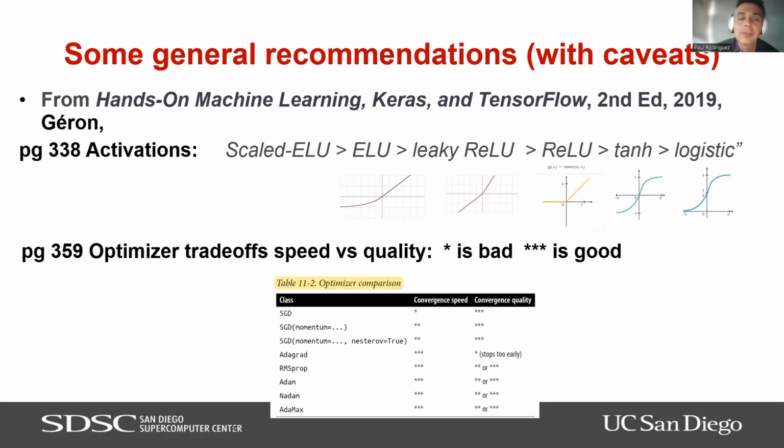So in the book, for example, from Géron about Keras and TensorFlow, it's a few years old now, he will actually state, based on his experience and what people have done, which activations tend to work better. So the scaled ELU, which stands for exponential linear unit, is just an exponential function with some parameters, and it has a certain form.